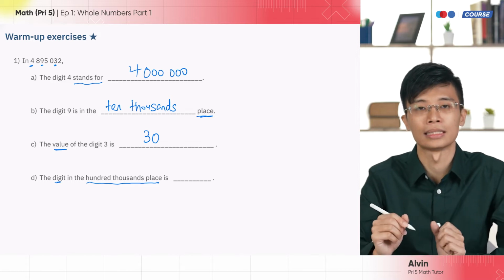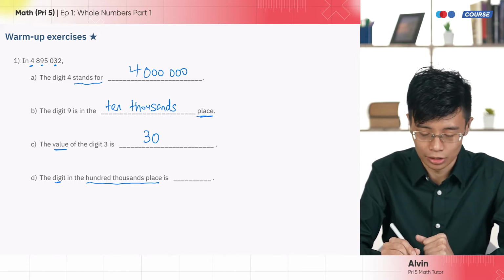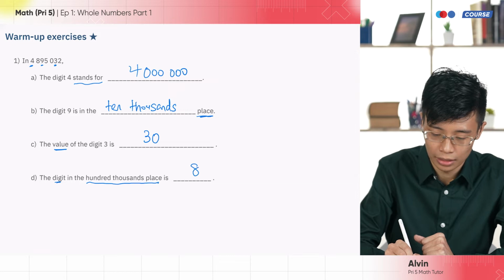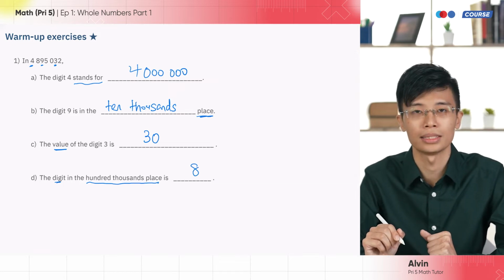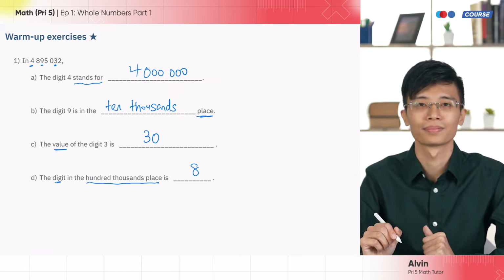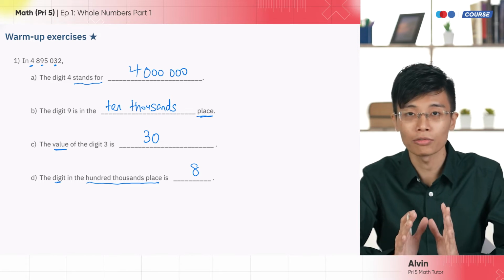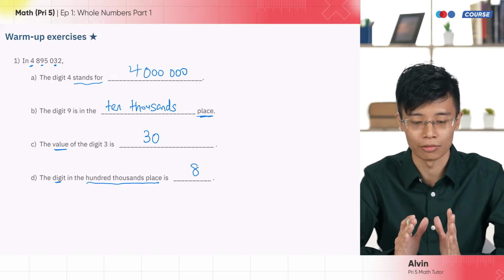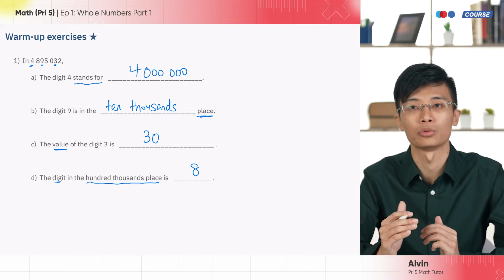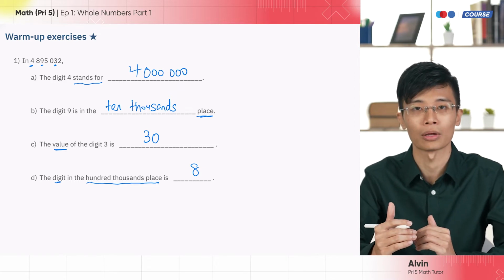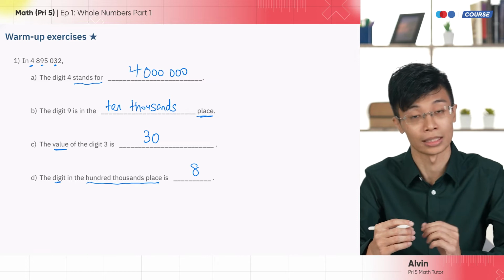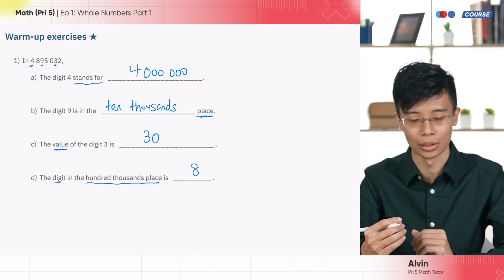The 8 is in that place. So the answer is just writing the digit only. The digit in the 100,000s place is 8. Sounds simple? Just look out for keywords in the question, and however the question is rephrased, give the respective answers. Don't forget whatever you need to write, like the zeros, the S, or just the digit.